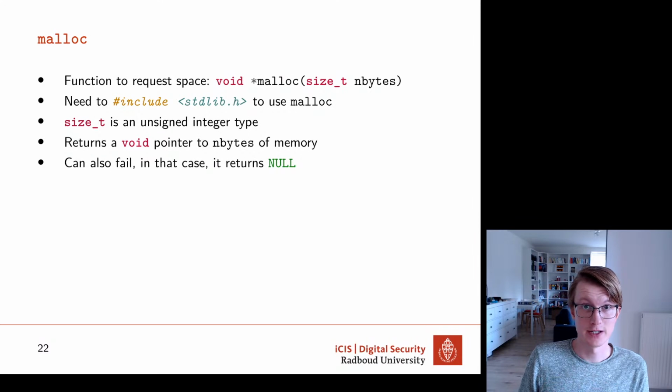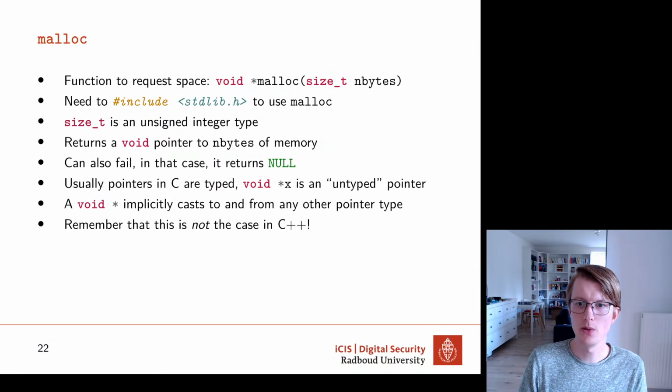Allocating space may fail, and there can be many reasons for this. One of them is that you're just out of memory, or the computer is not feeling like it, or whatever. Whenever this fails, the operating system is refusing to give you more memory, then malloc will return null. A null is not a 0, but it's a special empty pointer thing. In C, a void pointer you can just cast to anything.